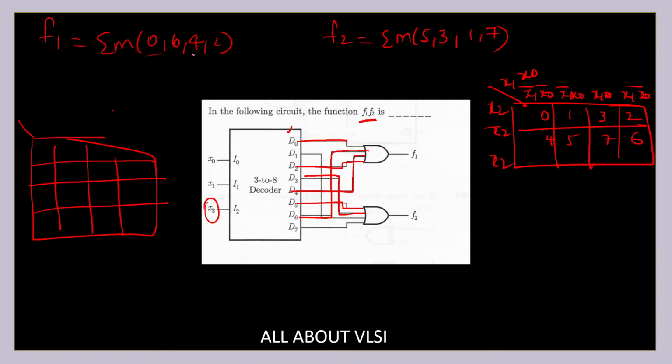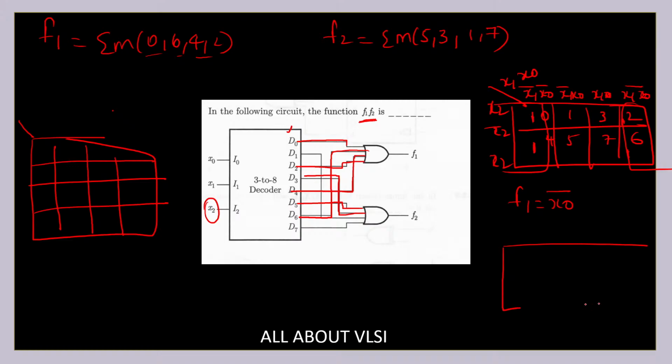So we have minterms 0, 4, 6 and 2. So you can make a quad, which means you are going to get x0 complement. So f1 is equal to x0 complement.